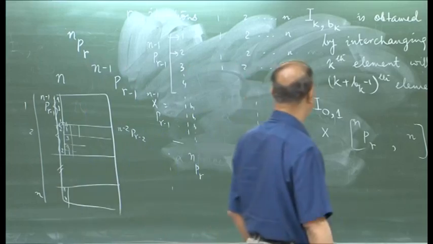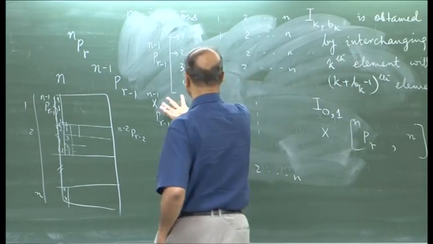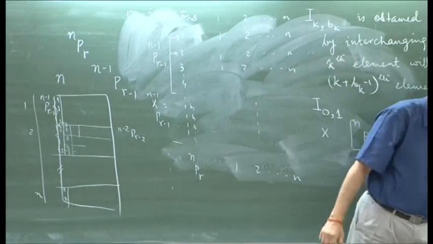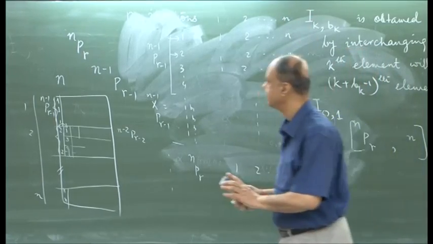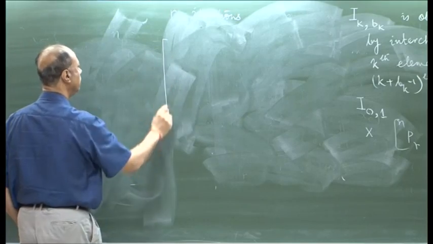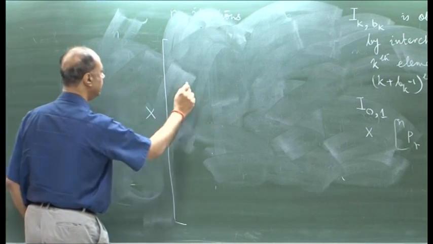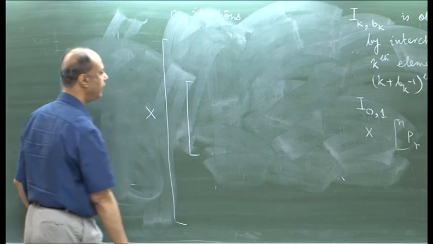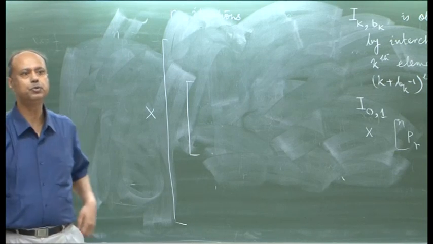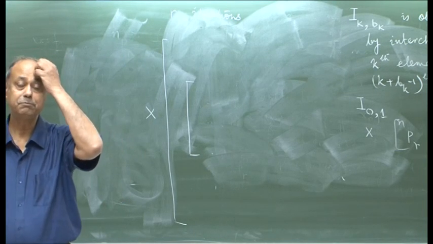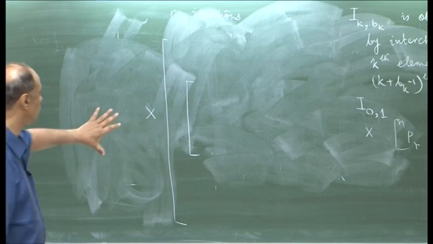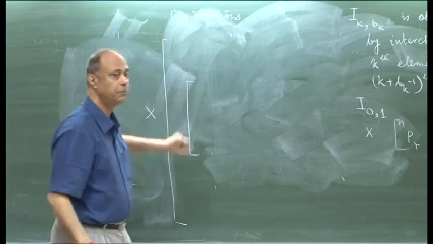Let these rows be, because I told you that x is the complete set of rows. So this is your x. Now I have these many rows whose first element is B1.